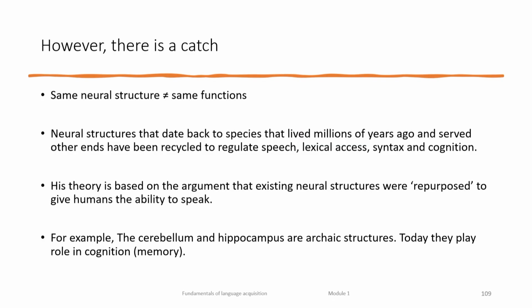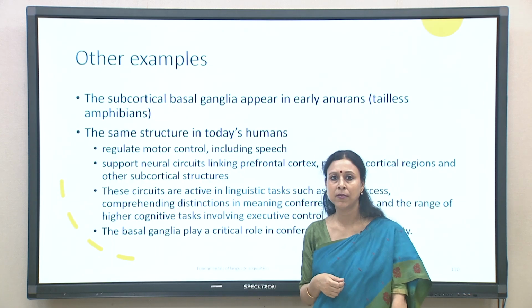So, the same neural structure that had a different function in another animal millions of years ago has been repurposed for humans to speak. That is the baseline idea. His theory is based on the argument that existing neural structures were repurposed. He gives many examples. For example, the cerebellum and the hippocampus are archaic structures and today they play a role in cognition. They existed since time immemorial.